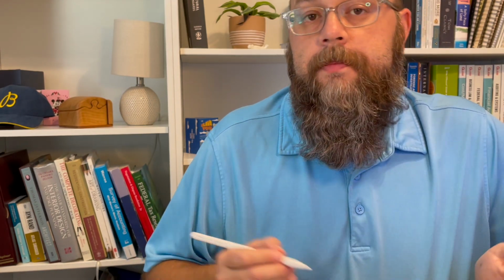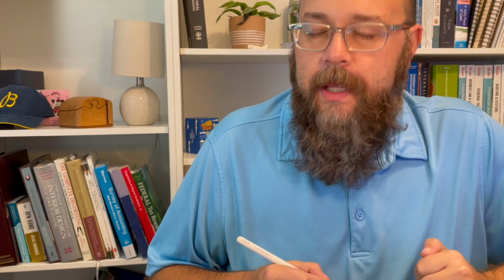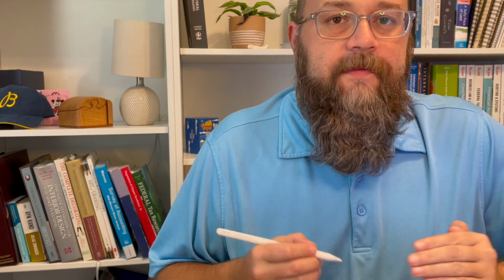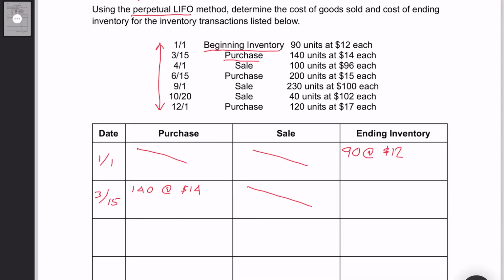Now, the ending inventory, we're still going to have what we started with, but now we have the next items as well. We're going to keep them in order of how they showed up at our warehouse. So when I opened the doors to my warehouse, I had 90 items at $12. Then I purchased an additional 140 units at $14. This is going to be important when we start to sell them.